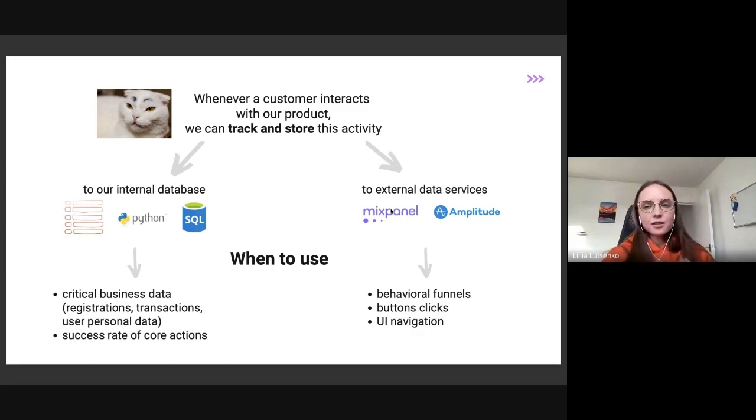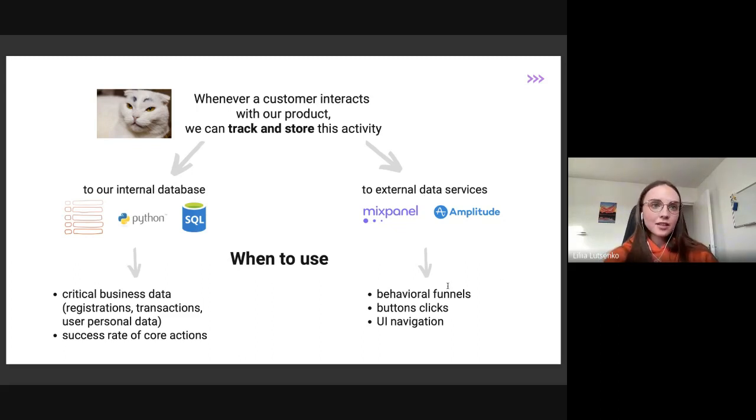Connecting these services is pretty easy. Both Mixpanel and Amplitude, because I worked a lot with them, give APIs to engineers, so you just need to add the event name or the name of each step to the code, and then it logs and fires in these external systems.